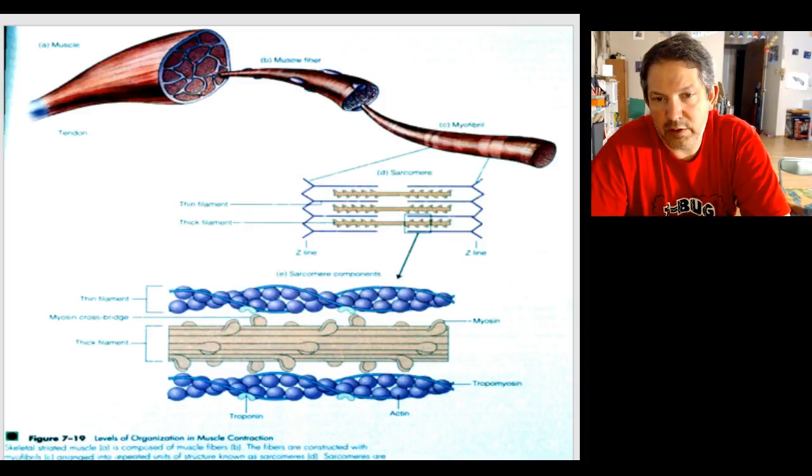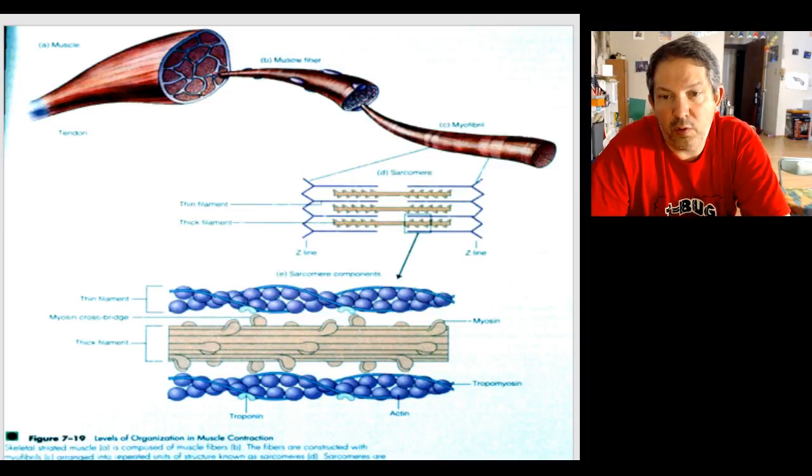What's going to determine whether or not the myosin is grabbing onto the actin is this little rope-like protein on top of the actin filaments called tropomyosin. And whether it is covering or leaving the binding sites uncovered is based on whether there's a signal from calcium binding to what's called troponin.